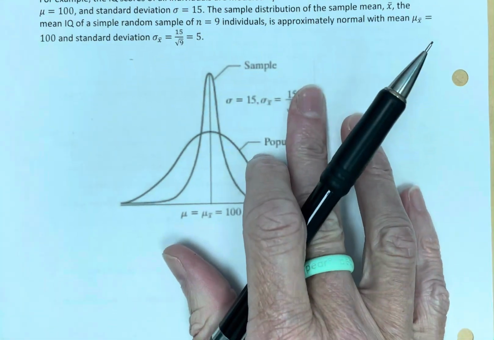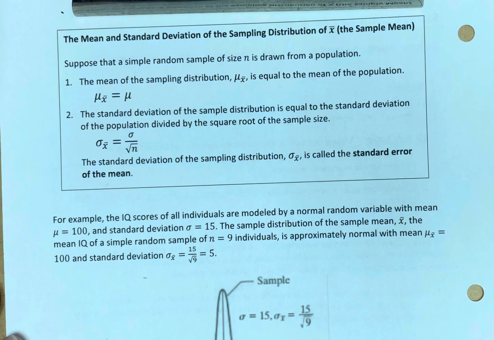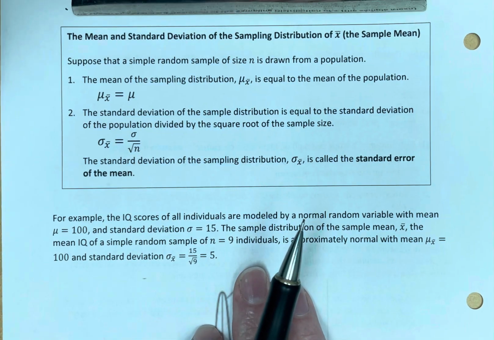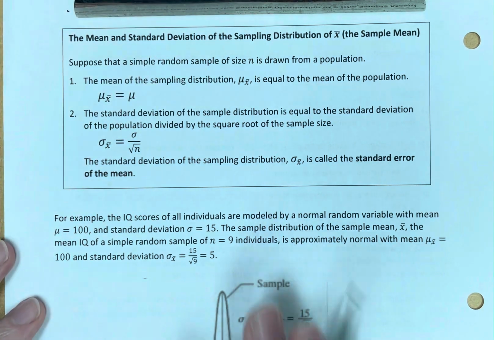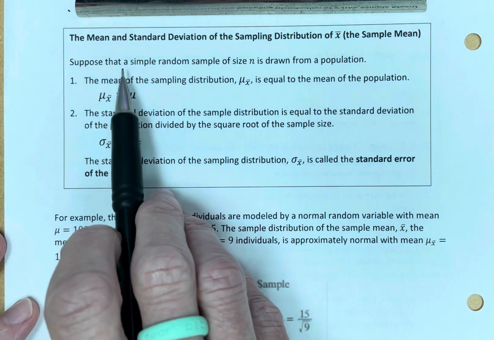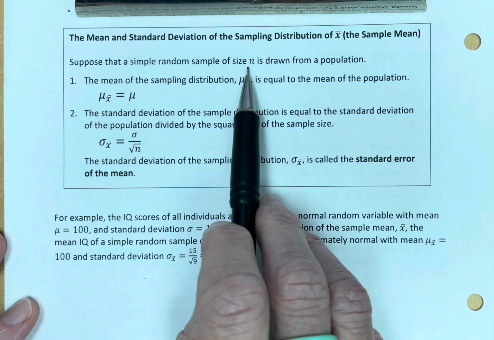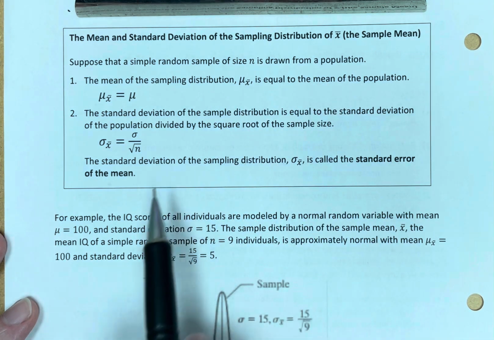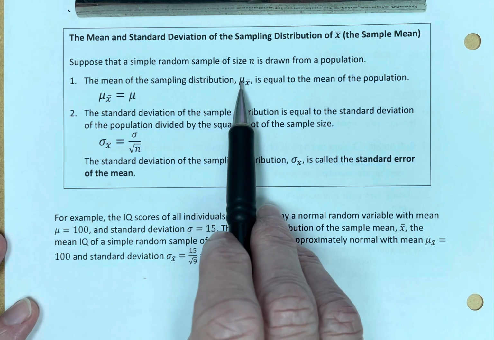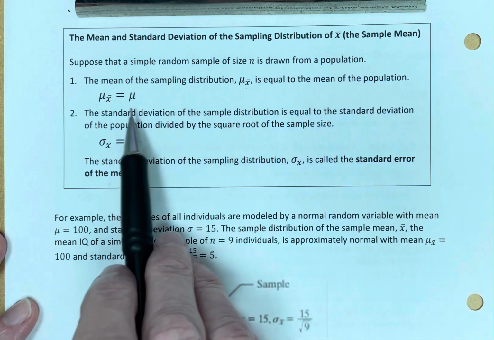We're going to do an example coming up in just a moment. Let's recap. The mean and the standard deviation of the sampling distribution of X bar, the sample mean. Suppose that a simple random sample of size n is drawn from a population. The mean of the sampling distribution, mu sub X bar, is equal to the mean of the population.